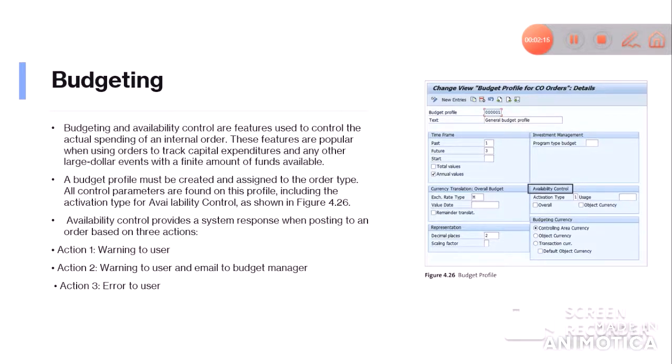Availability control provides a system response when posting to an order based on three actions. Action 1 is warning to user, action 2 is warning to user and email to budget manager, action 3 is error to user.